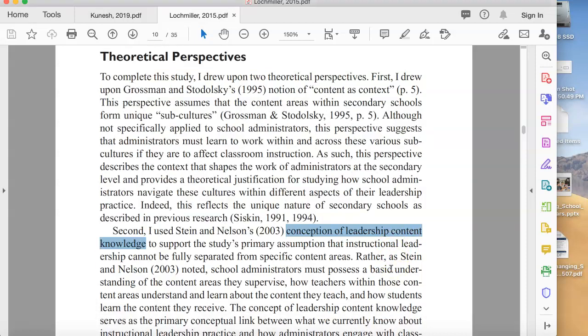So you want to make sure that you have a good understanding. Excuse me. I'm glad that's on video. We have a good understanding of what these two concepts are, because these concepts are going to guide his analysis, and they're going to guide the discussion at the end when he reflects back on, okay, what did we learn?